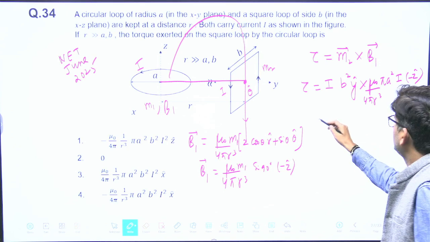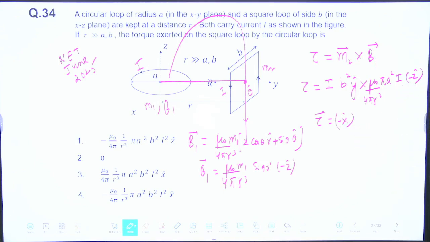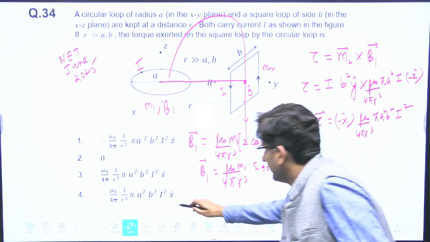So this torque is in the direction minus x cap, and it is mu naught by 4 pi r cube, pi a square b square I square. So clearly you can see this is the answer.